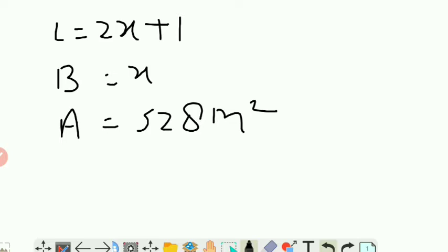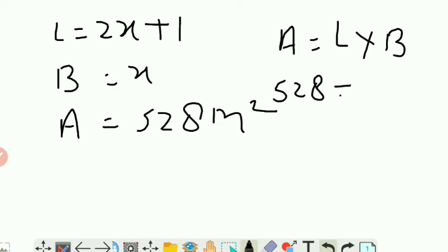Now how will we find out the value? So we know area is equal to L into B. So we need to put 528 is equal to length 2x plus 1 and another bracket, that is x, because it is the breadth.